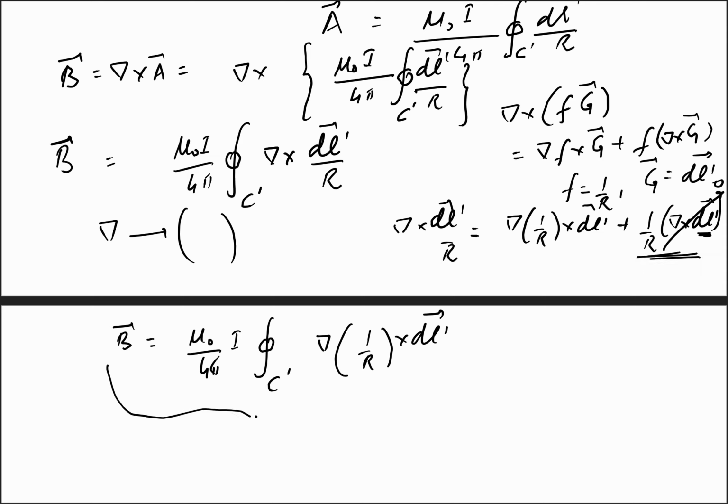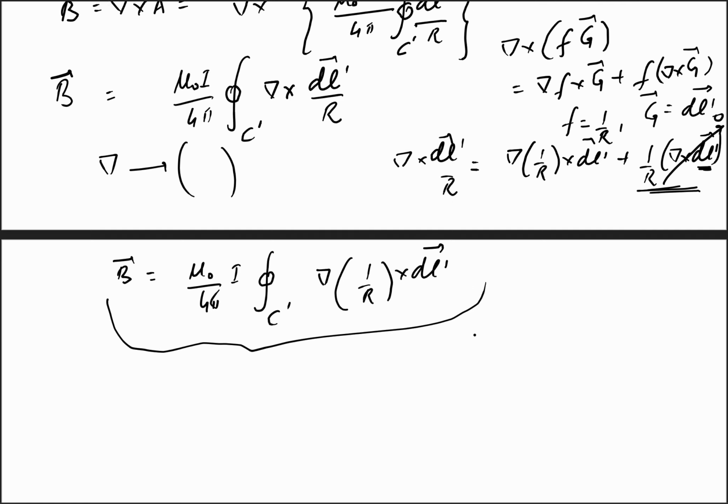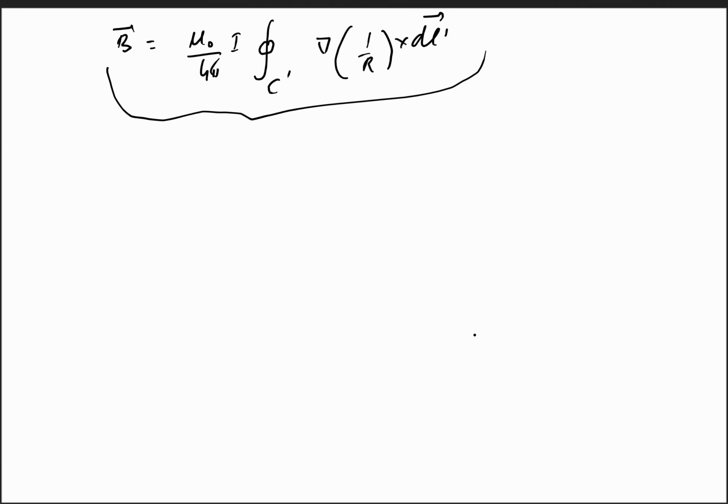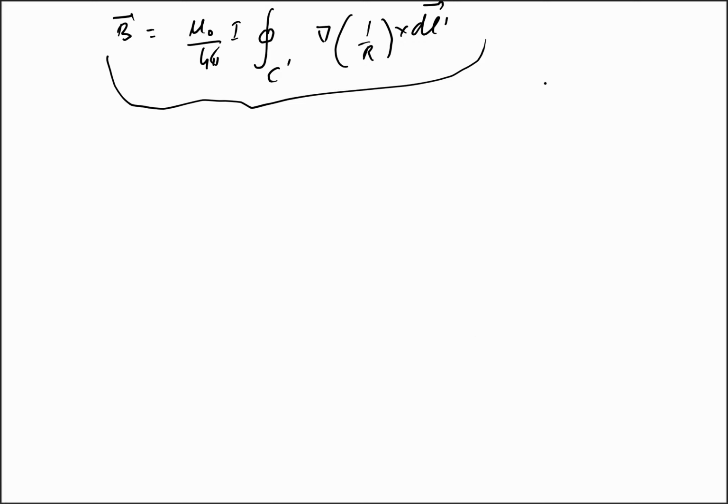So this is B. Now we need to further simplify this del of 1 by r. Now, as I have told, what is r? If this is the source point x dash, y dash, z dash, and this is the field observation point O, x, y, z, so this is r.